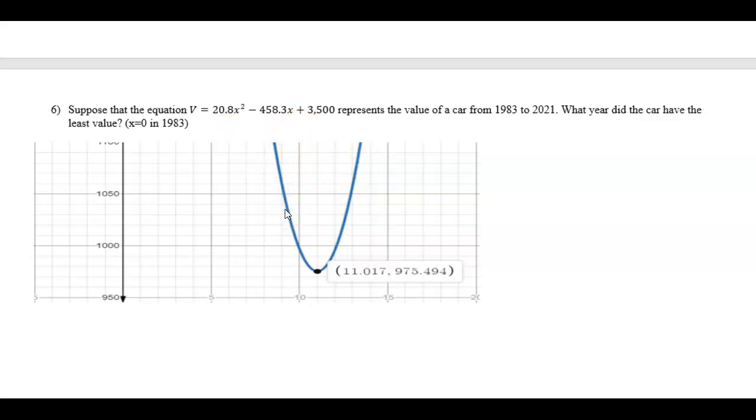I expected that because if I look at the function here, the a value is positive. If the number in front of x² is positive, your parabola will always open up. But if it is negative, it will open down. So the reason my previous question opened down is because the number was negative.